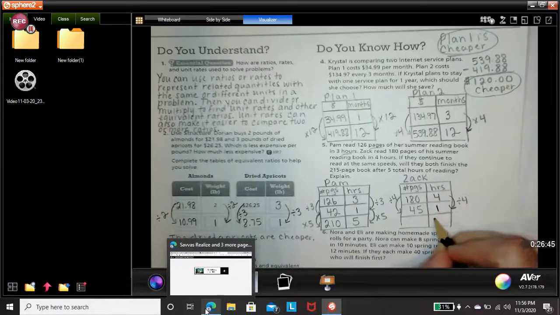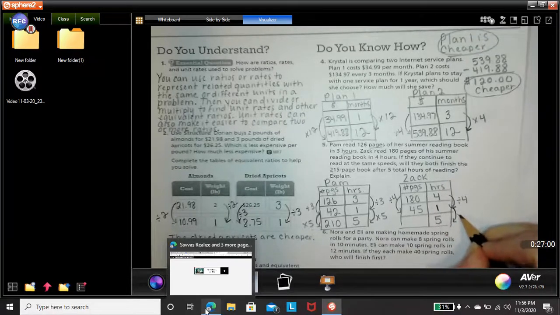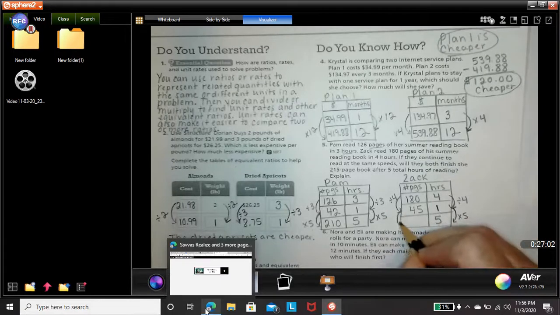Next, we want to see if Zach can finish this book in 5 hours. Since we know that he reads 45 pages in 1 hour, and we want to get to 5 hours, we're going to multiply by 5. 45 times 5 is 225.